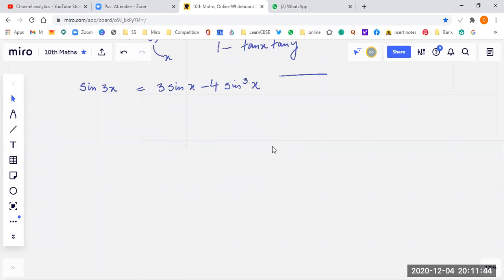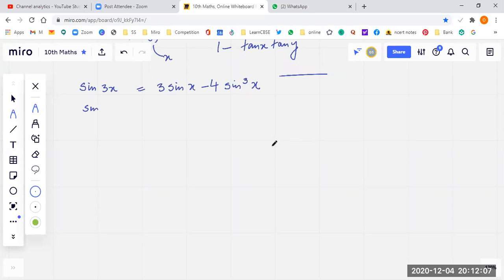Right. So we want to say sine 3x is equal to 3 sin x minus 4 sin cube x. Oh, that's good. So we can do this. We can play with the numbers.